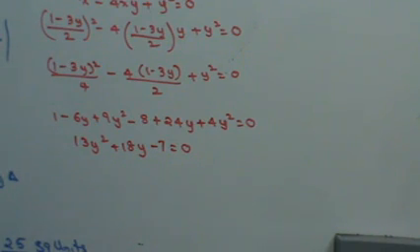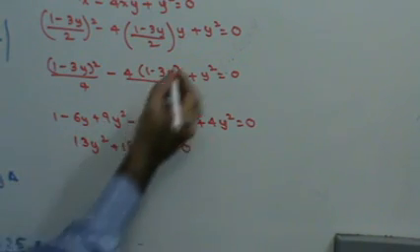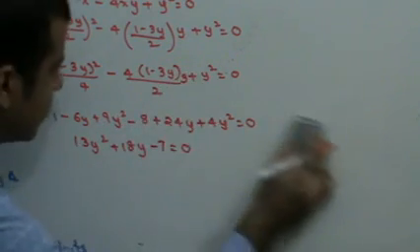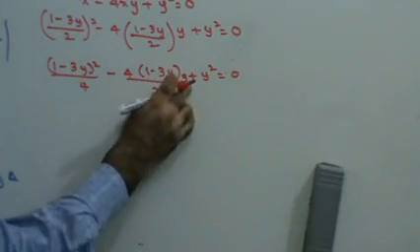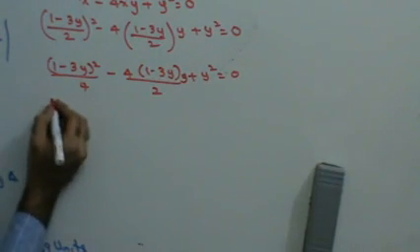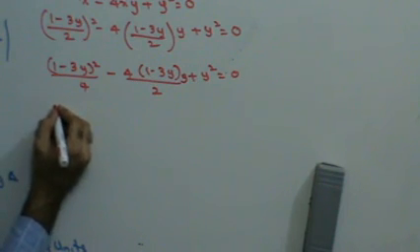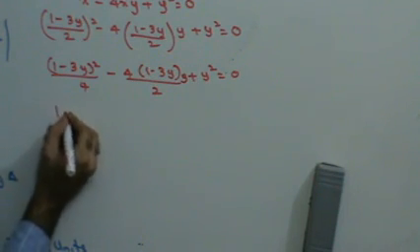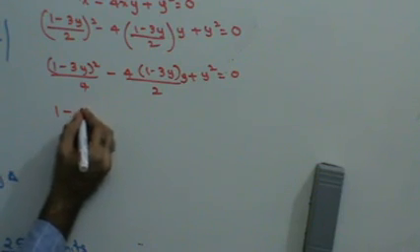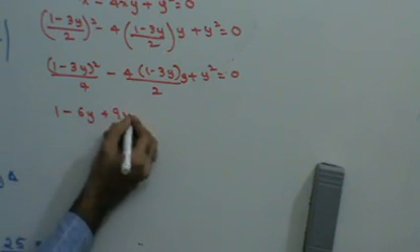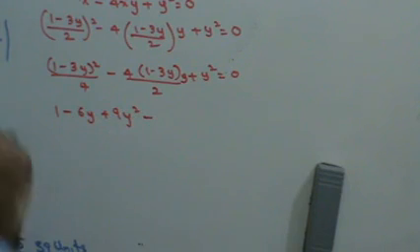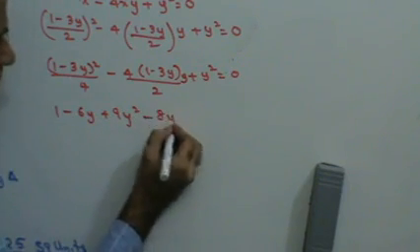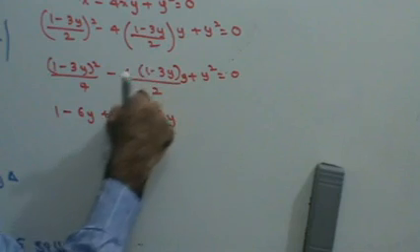There's something missing, people. Yes, y is missing. Let's just redo this calculation. There was a y outside which I didn't write. This can be written with 4 as the common denominator. So 1 minus 6y plus 9y square, minus 8y, and 4y is outside.